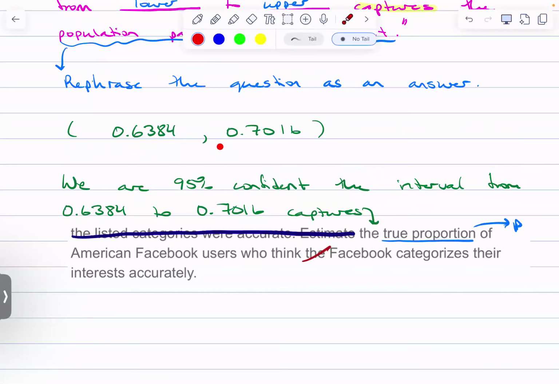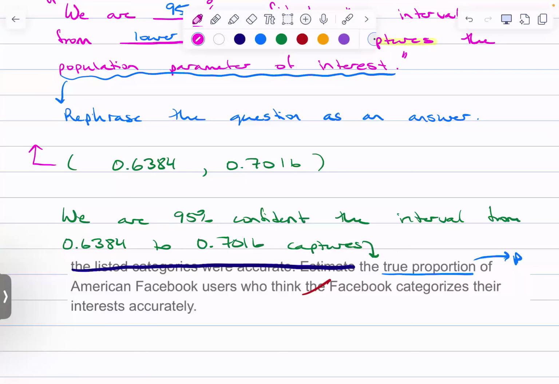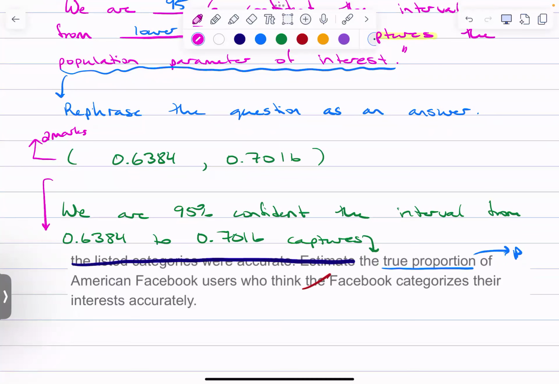So once you've constructed your confidence interval, you have to interpret the confidence interval. Usually for confidence intervals, I make them 4 marks, which means I give 2 marks for the math, easy enough, and I give 2 marks for the interpretation, which is why I'm always really sad when I don't see an interpretation, because that's 2 marks off. But that's the tricky part about this course, I've said it before.